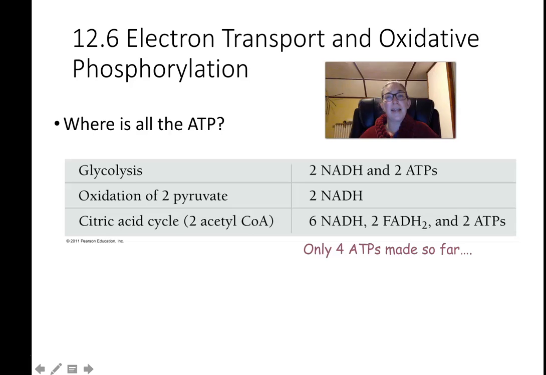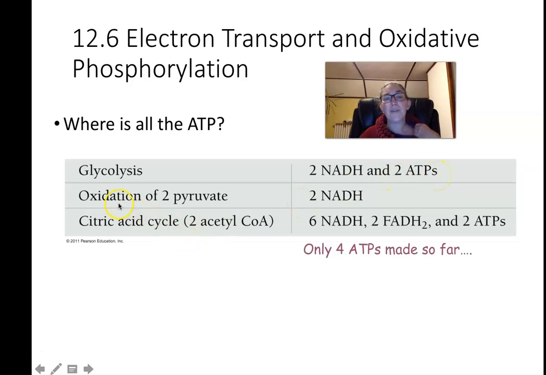So far, let's do a little tally of how much ATP we've generated. So we did glycolysis. Glycolysis is 10 steps to convert glucose to pyruvate, and it produces 2 NADHs, which are not ATPs, and it produces 2 ATPs. Okay, so we've got 2 ATPs.